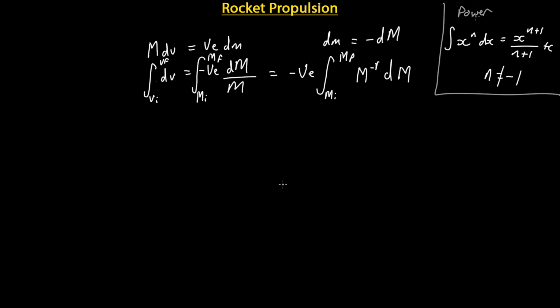We can't use it. So in situations like this where we've got a value to the power of -1, when we integrate, this becomes the natural log of this value here. So we get negative velocity of the exhaust, natural logarithm of the mass of the rocket between the initial mass and the final mass.